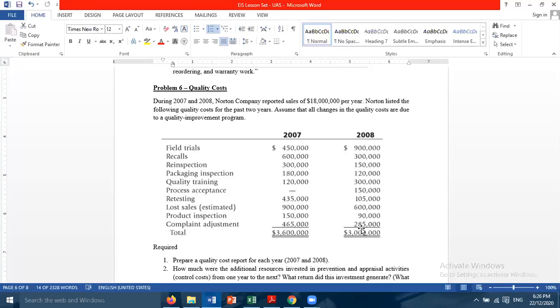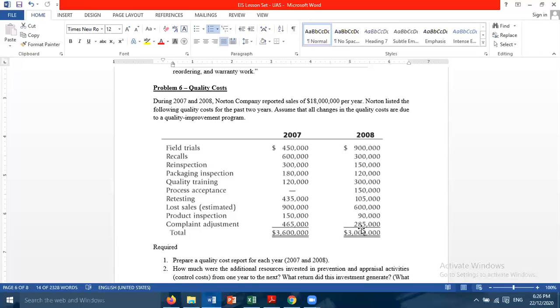Then appraisal. Appraisal is practically the costs we use to identify if there are any defects. And then internal failure. Internal failure is the cost we incur on defects before they are shipped out to customers, which is why it's internal. So this is the cost if there's any failure before we ship it out to the customers.